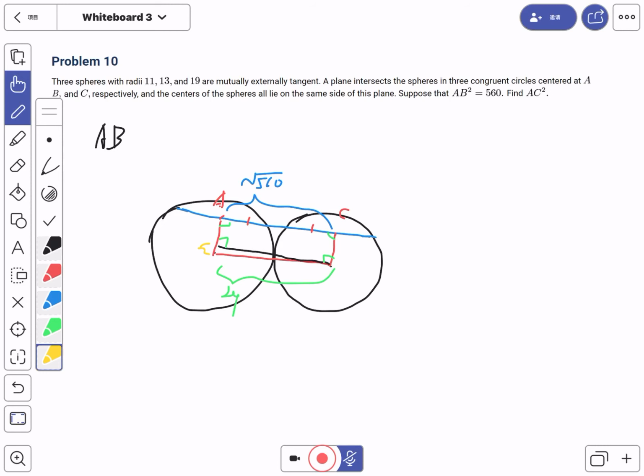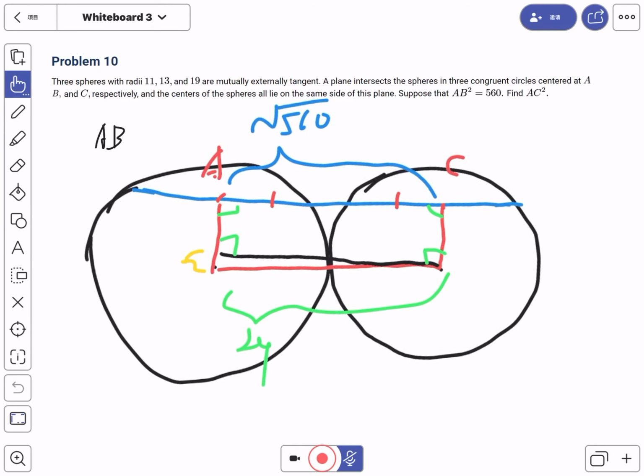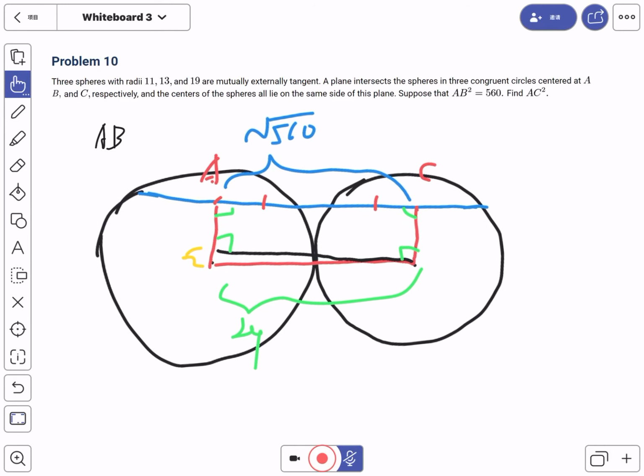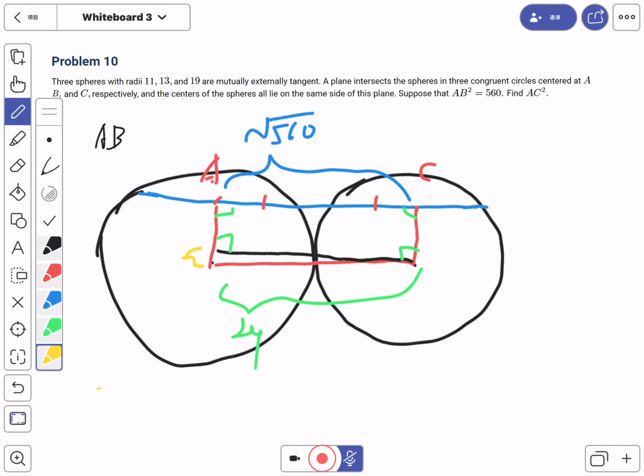Let me zoom this in. What is this length over here? It's essentially the Pythagorean theorem, so we take the square root. The length in yellow is the square root of 24 squared minus 560, which turns out to be the square root of 16, which is 4.